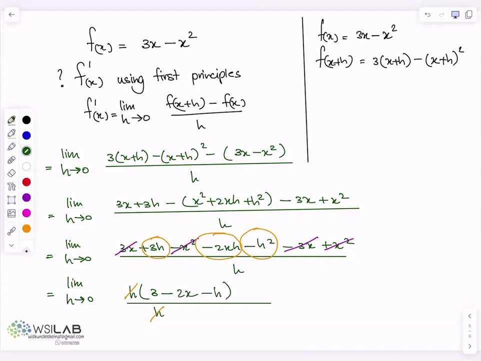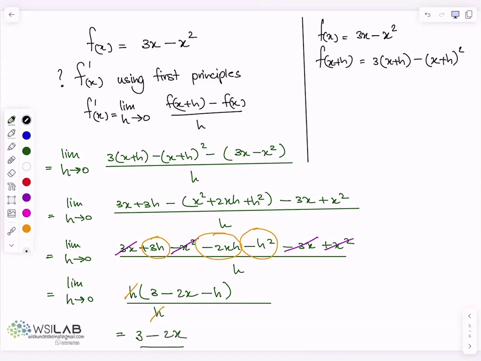So that's what remains, isn't it? h times 3 minus 2x. Yes, that will remain. So if I make that h 0, the answer is just 3 minus 2x.